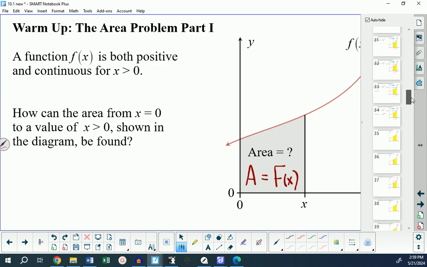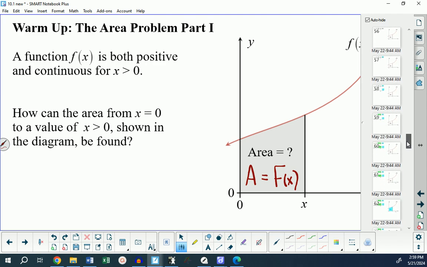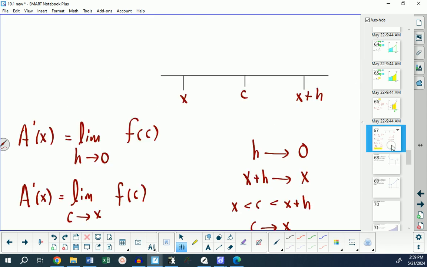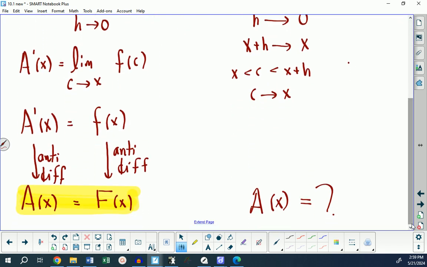If you were introduced to this in post-secondary calculus, it would not walk you through the steps to get to here. It would walk you even further to get to something else that I want to get to. But this is just part one.